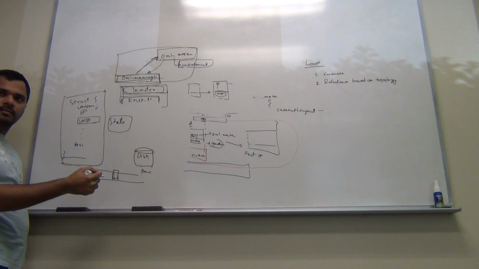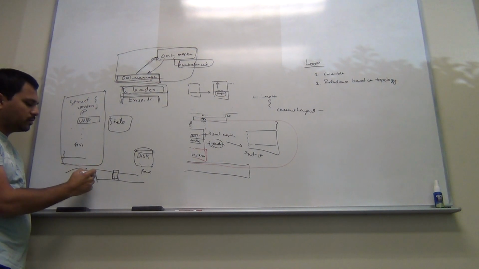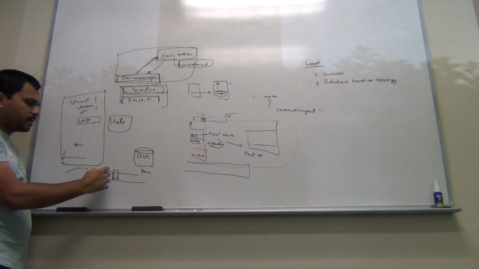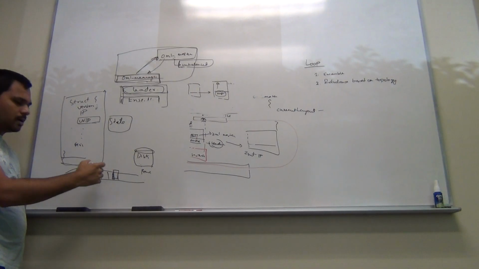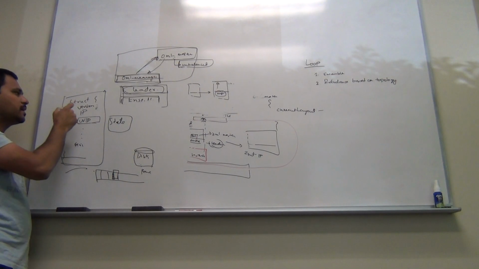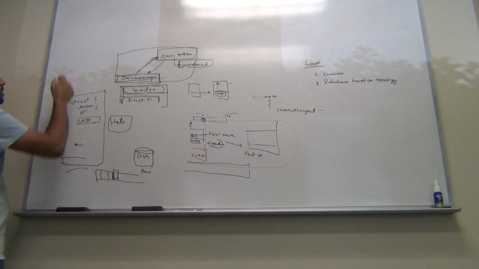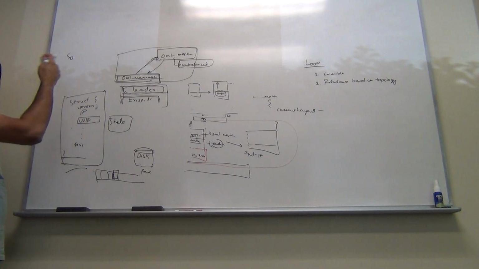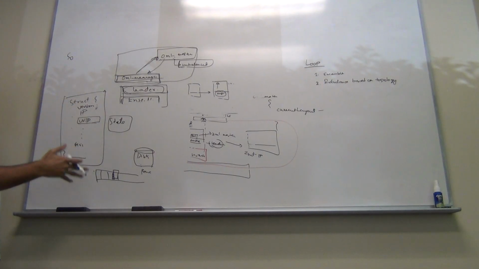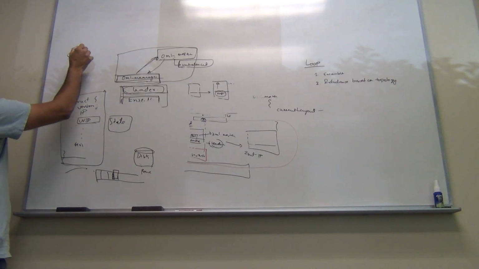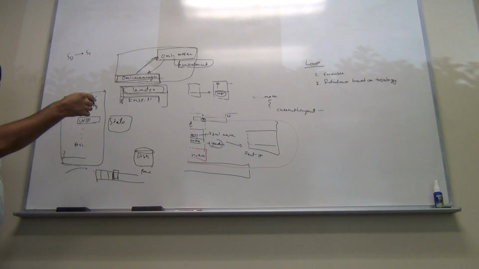And when you die, you first go and read the WAL and read the records, and based on these records you can reconstruct the state. Say for example your state has S0, which is nothing, all fields are empty or 0. Now every change that you do creates a different state.